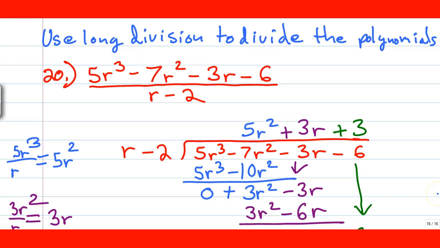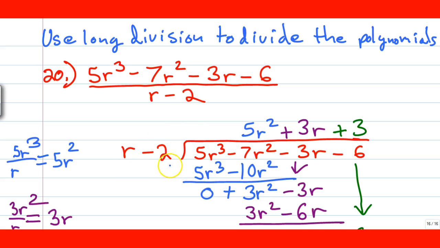Moving on to question number 20, it says, use long division to divide the polynomials. So up here, I'm looking at this. I have this polynomial that has 4 terms in it, and it's being divided by a binomial, r minus 2. So I'm going to set this up as a long division problem.